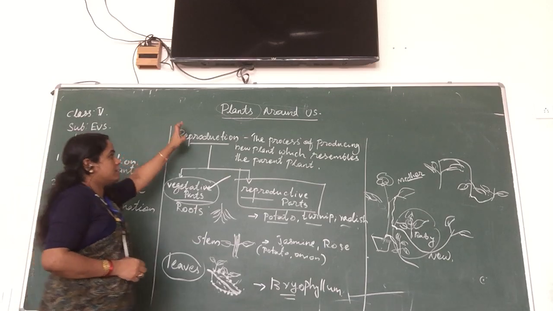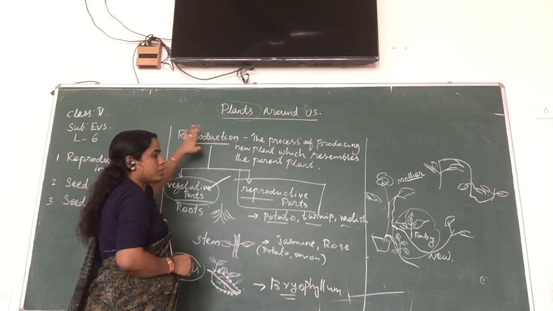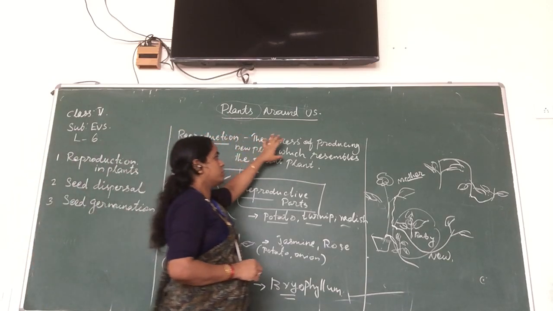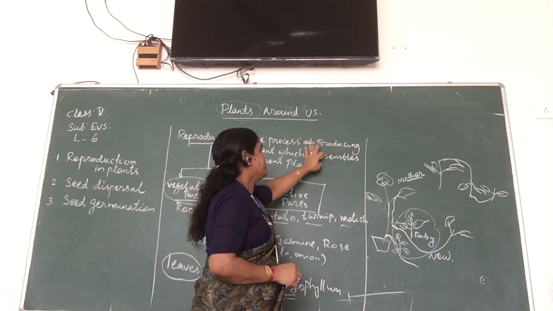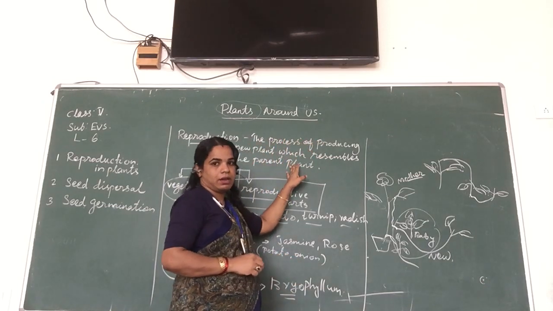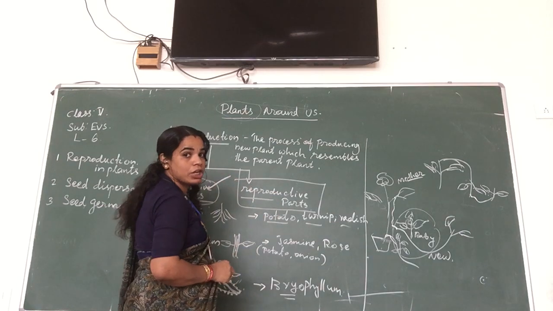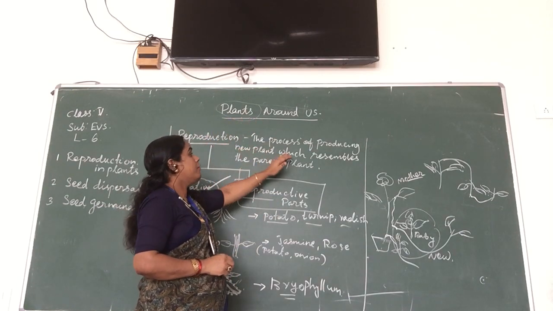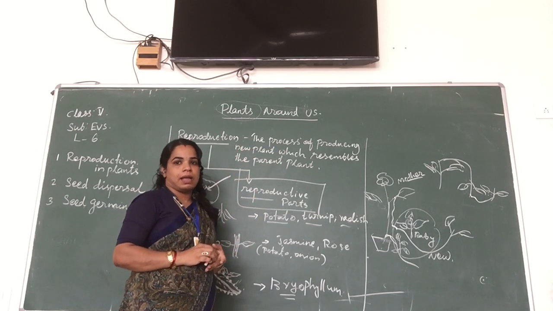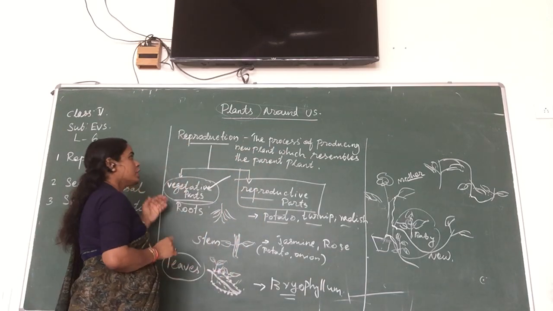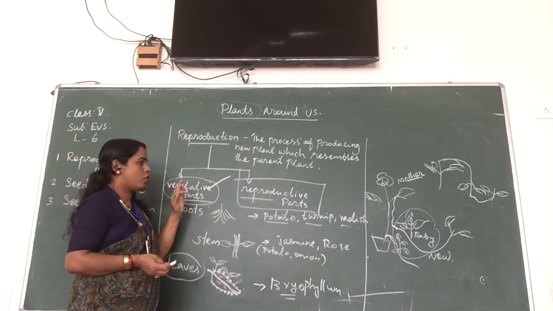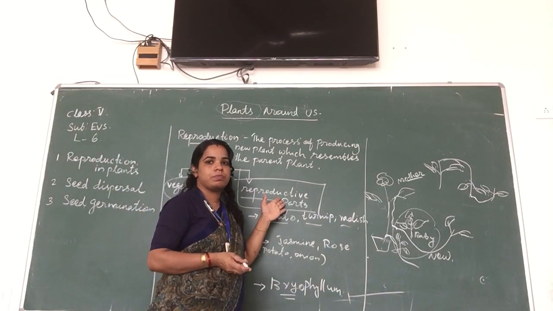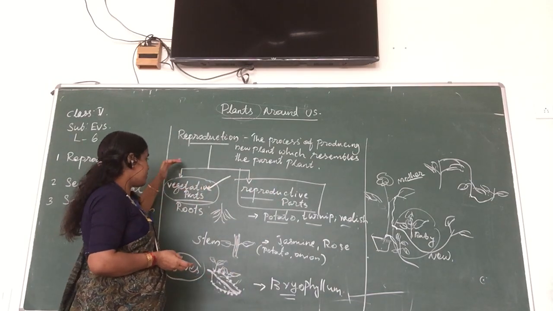And in this lesson, we are going to discuss reproduction. Reproduction means the process of producing a new plant which resembles the parent plant. Reproduction may be from the vegetative parts or from the reproductive parts.